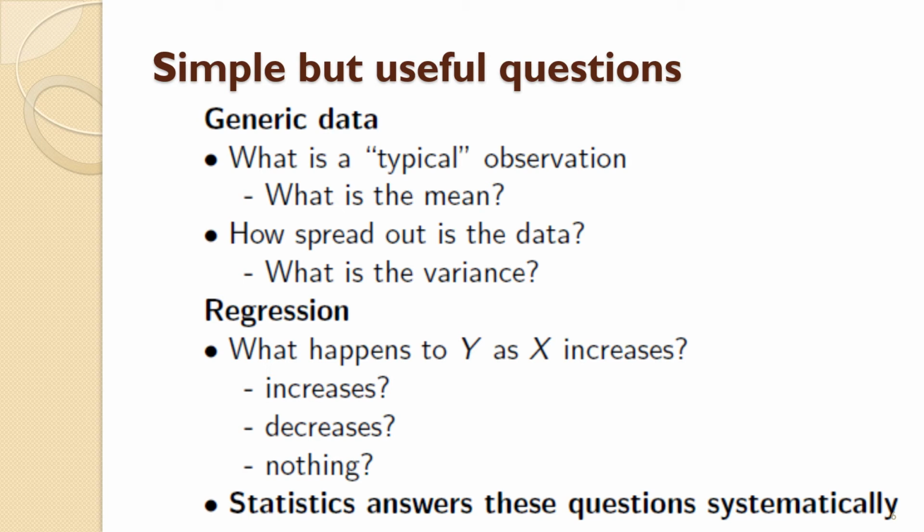Regression, as I said before, asks: as x increases, does y increase, decrease, or nothing happen? It turns out that the statistical techniques you use to answer these first two questions are also useful in regression when you've got a slightly different question that's of more obvious relevance to finance and accounting.